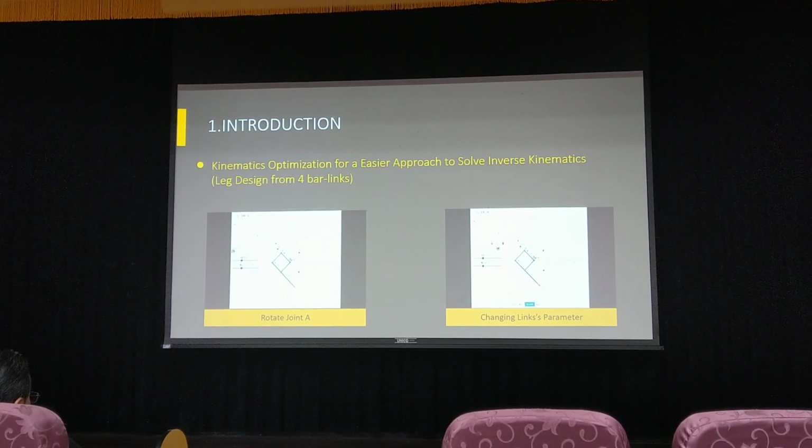And this trace is defined after we define all the parameters of each link. You can see the trace changing if I change the length of one link. And the trace of this four-bar link is nonlinear and more curvy.